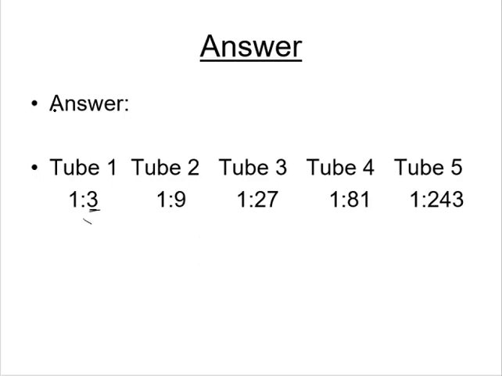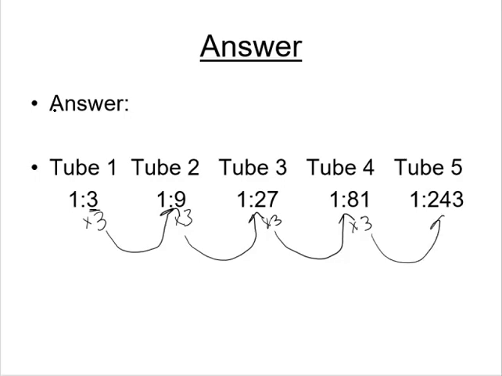So 3 times 3 is 9. 9 times 3 is 27. 27 times 3 is 81. 81 times 3 is 243. So our dilution factor in tube 5 would be 1 to 243.